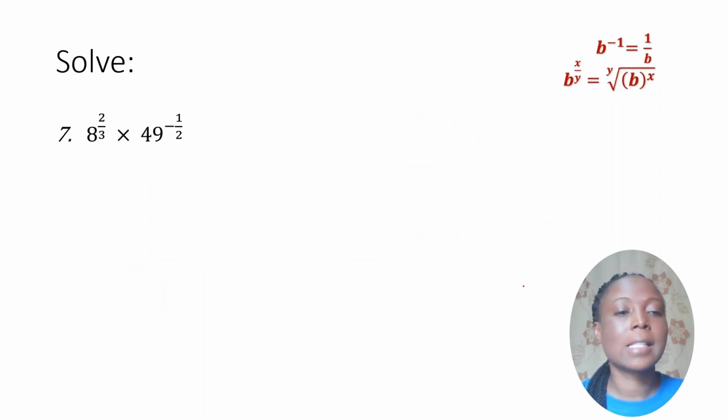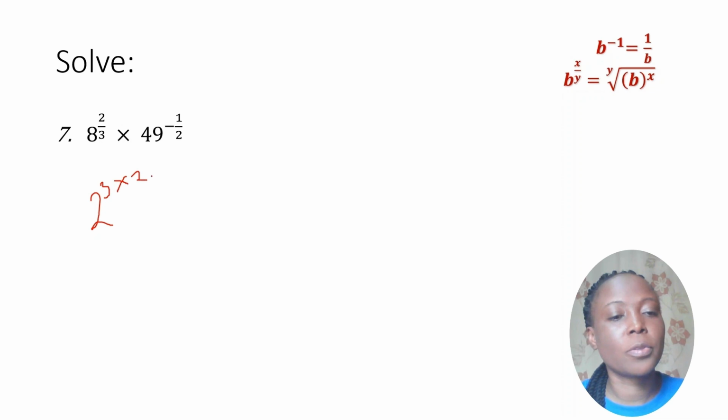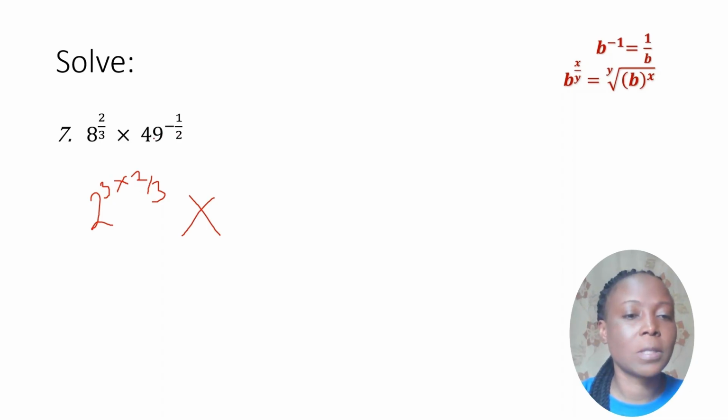The last example, and from henceforth, I believe you'll be able to solve indices. So let's go. So what can I raise to power 3 to get 8? I can have 2 raised to power 3 will give me 8 here. So I do times 2 over 3, then times, what can I raise to power 2 to get 49?